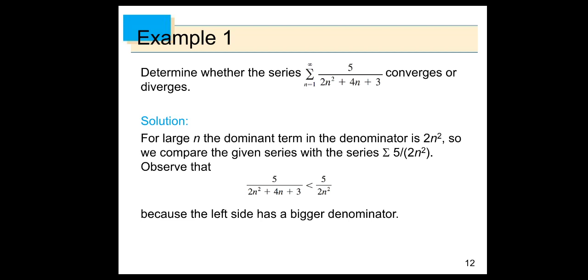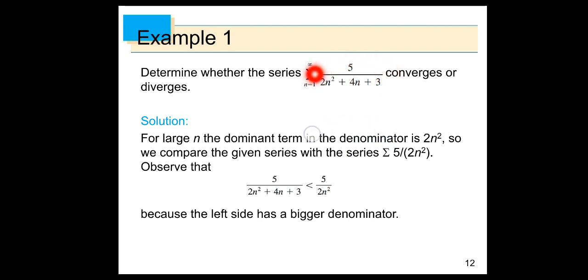Now let me tell you how we actually determine our b_n, right? In order to form our b_n, we take the terms from the numerator and denominator that have the greatest effect on the magnitude. Here in this example, we have 5 in our numerator, which is the only value, so we take this 5 as the numerator for our b_n.